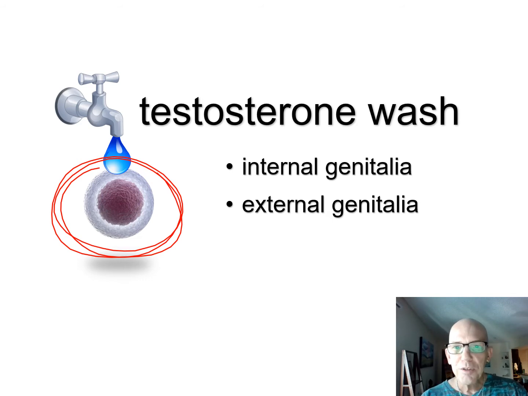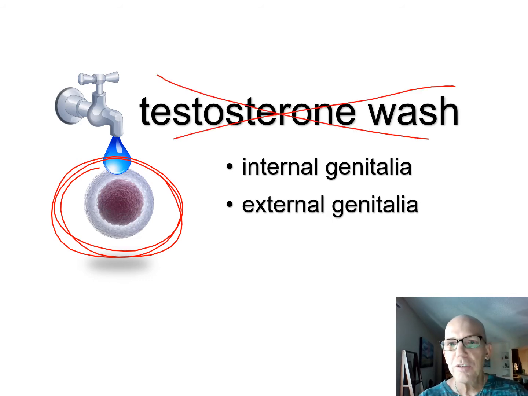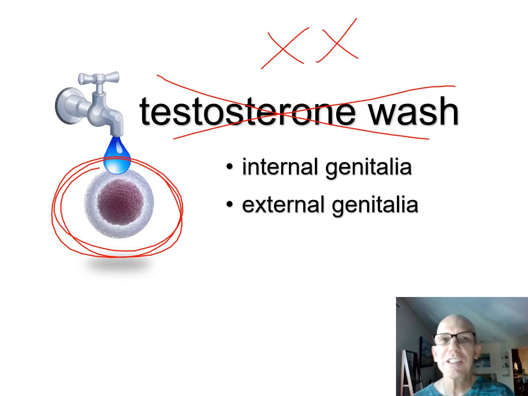But in the absence of this testosterone wash, if you happen to be XX, because you don't produce that, then those cells develop normally as female, and that same tissue, internal and external, become the parts of a woman. So this is where we're going.